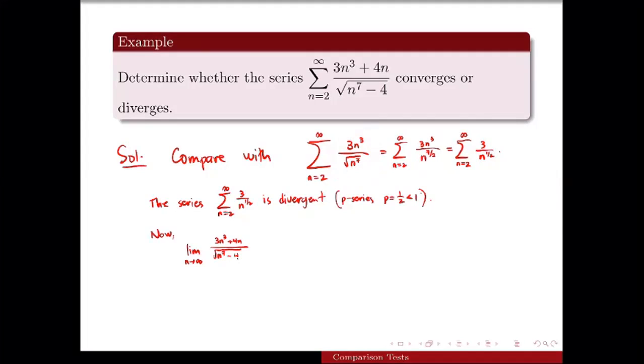So I'll just multiply by the reciprocal, so times square root of n to the 7 over 3n raised to 3.